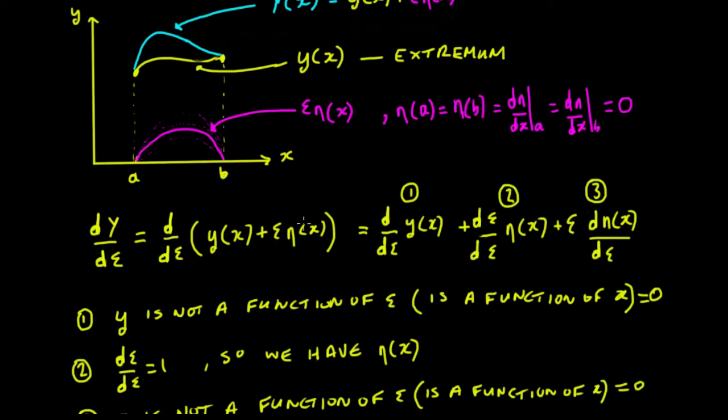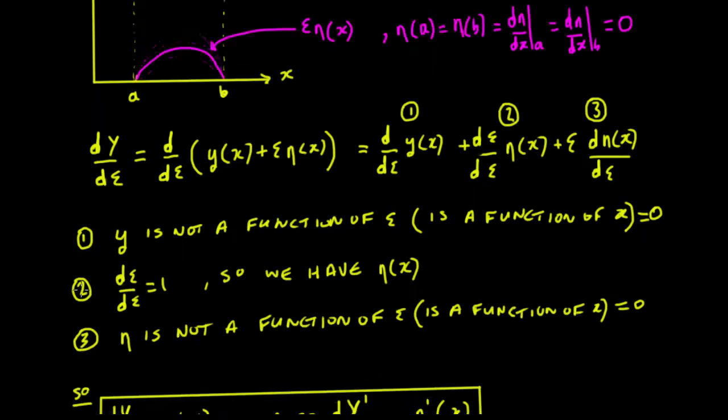So we differentiate one, multiply it by the other, and then differentiate the second one, multiply it by the first. So we'd have d y of x by d epsilon, and then d epsilon by d epsilon times eta of x, and then we can differentiate the second term, it would be d eta of x by d epsilon.